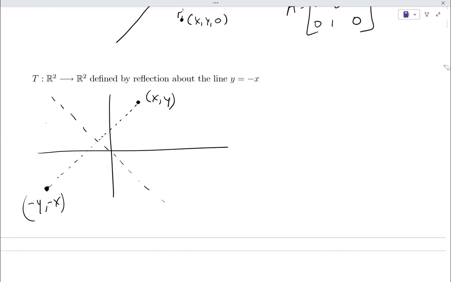Got to be a little bit careful with this. Well, I'm worried about this one up here. So if I was here and here, it's not negative y negative x up there, is it?